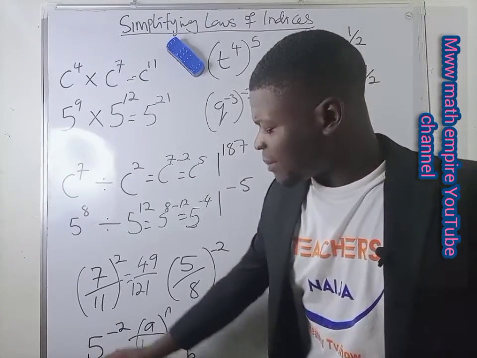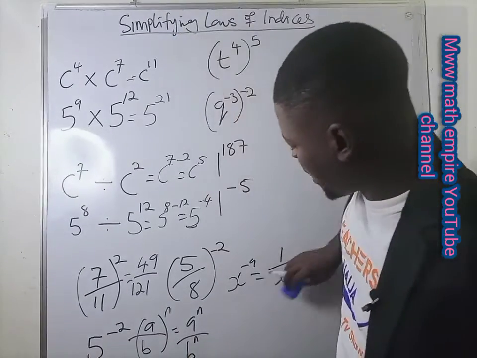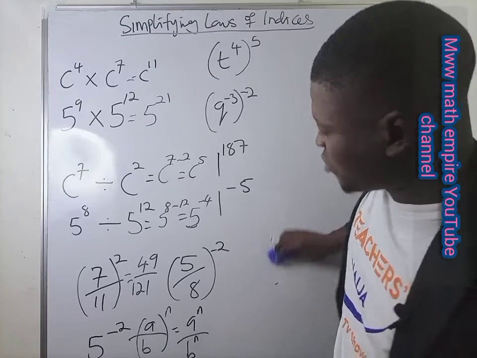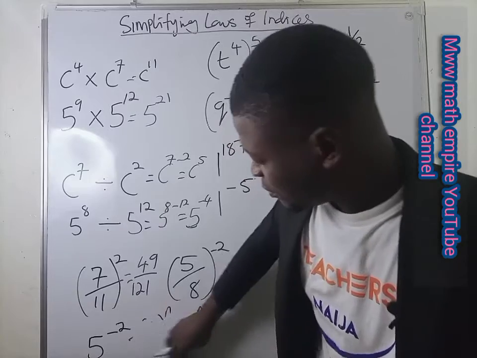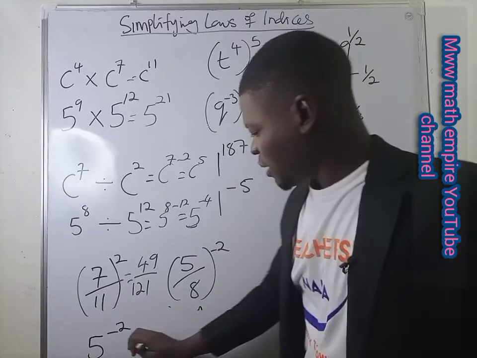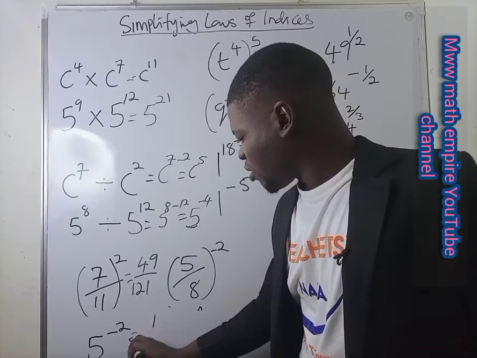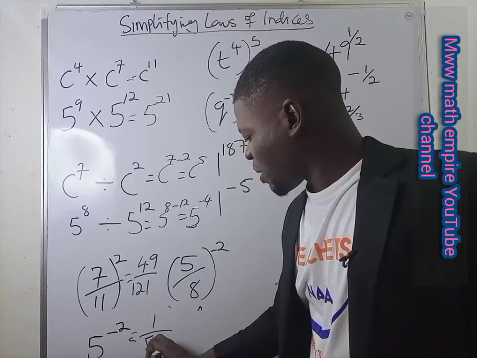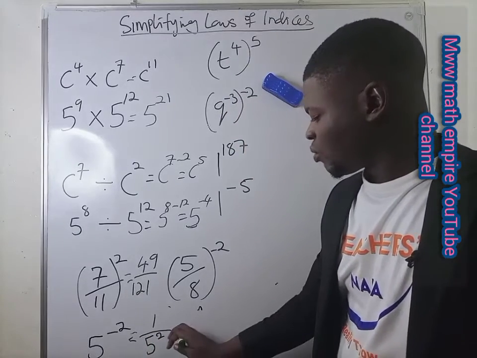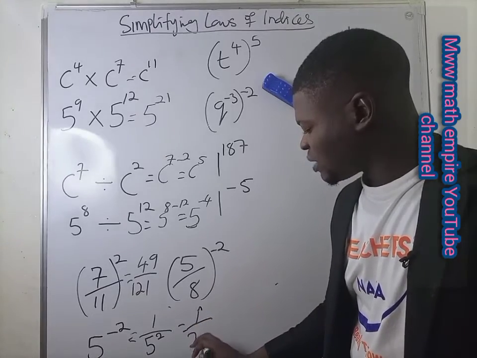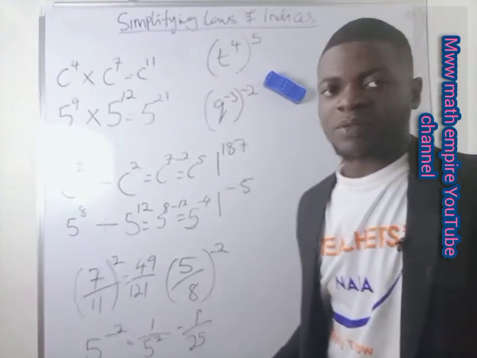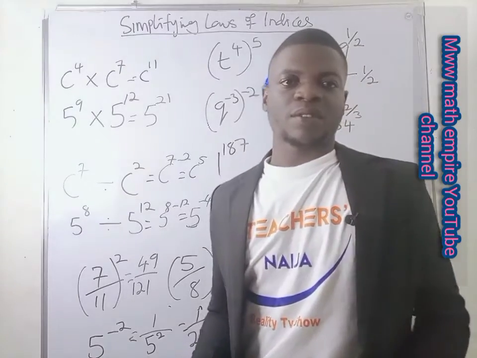So, since I'm having 5 raised to the power of minus 2, this becomes 1 all over 5 raised to the power of 2, which is the same thing as 1 all over 25, because 5 times 5 will give you 25.